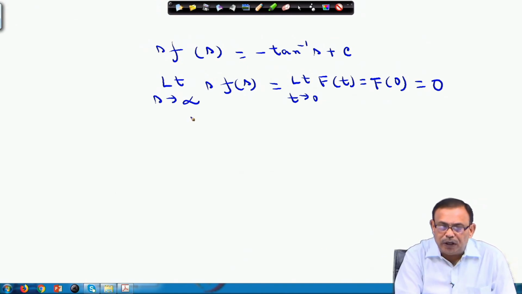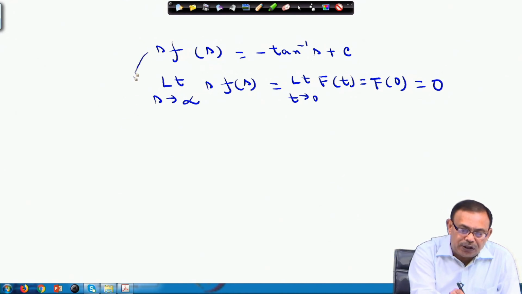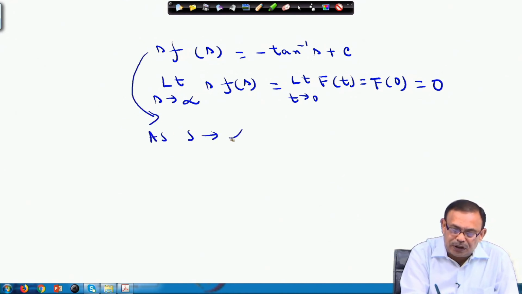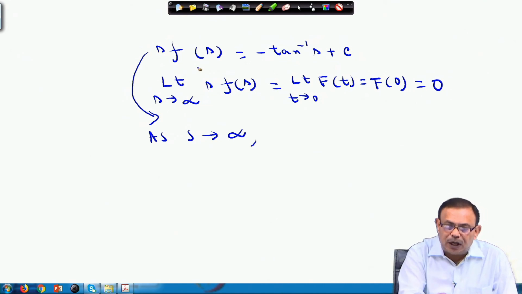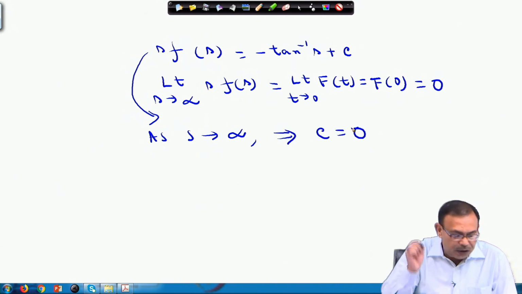In other words, whenever s approaches infinity, s F(s) is 0. Once I substitute s approaches infinity over here, this value turns to 0, so you can say from here that c equals 0.